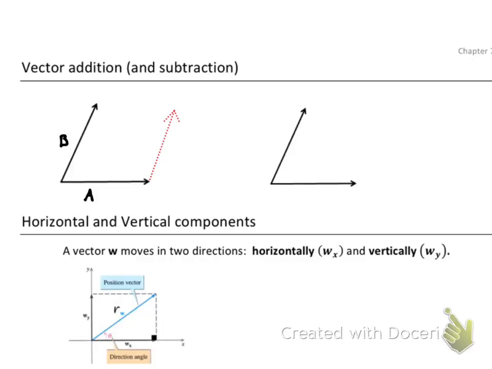All right, then I'm just going to put a point there. Let's go ahead and put it in blue. We put a point there. And we just connect that point. And this line right here is going to be A plus B.